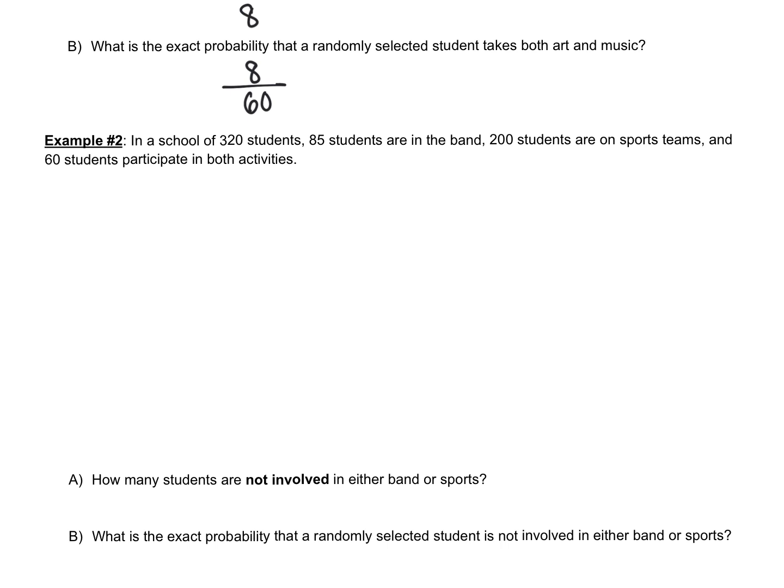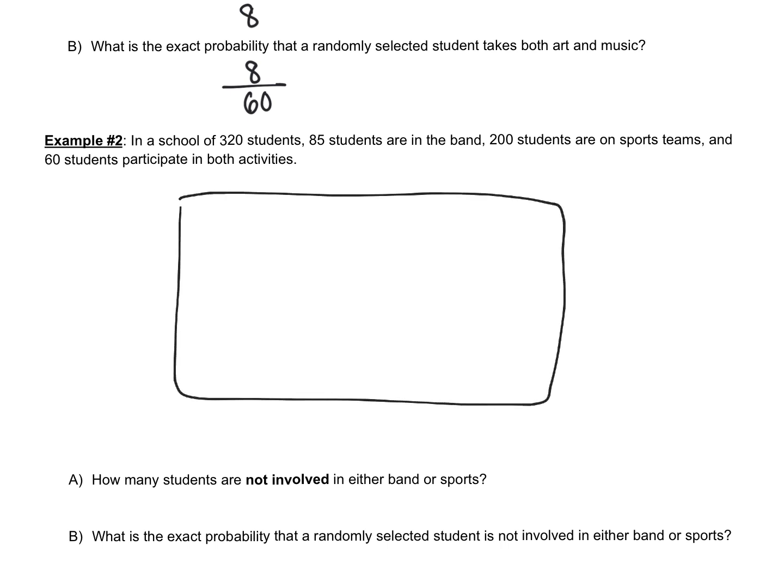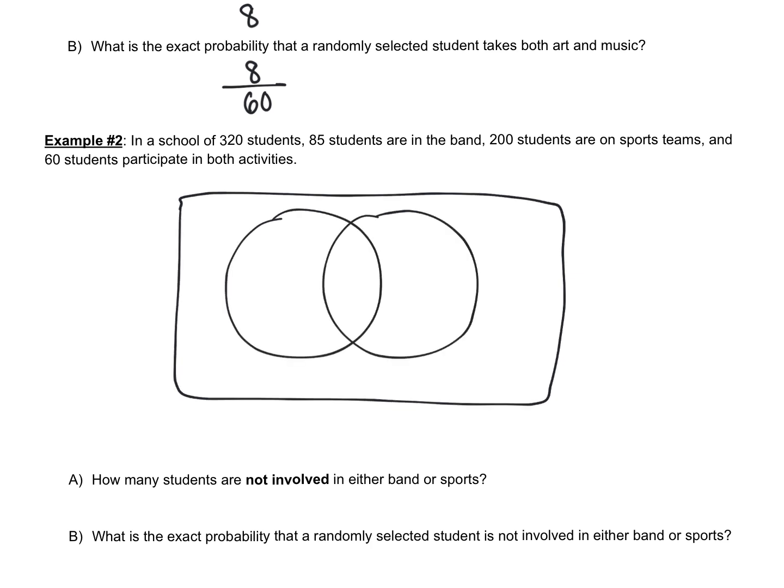So we know we're going to need a Venn diagram, so we can go ahead and draw a rectangle. And we need two circles. And let's label what we have so far. We have a school of 320 students, 85 students are in the band, 200 students are on the sports teams, and 60 students participate in both activities.